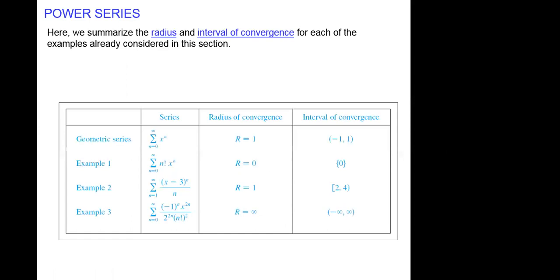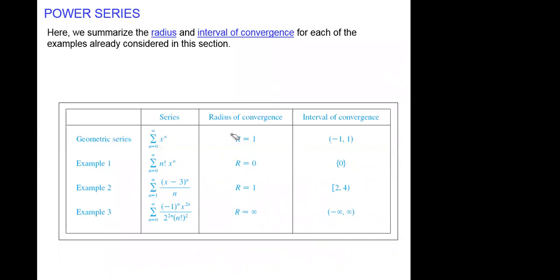And this is just the summary of what we did. We can see one interval was just the center, and the radius is 0. One interval was all of the numbers, the radius is infinity. And this one, of course, the radius is 1 because it's the distance from 3, from the center. Okay, it's just 3 different examples.